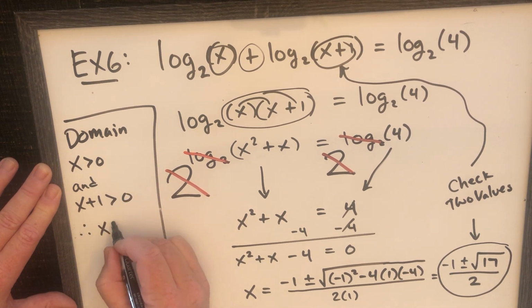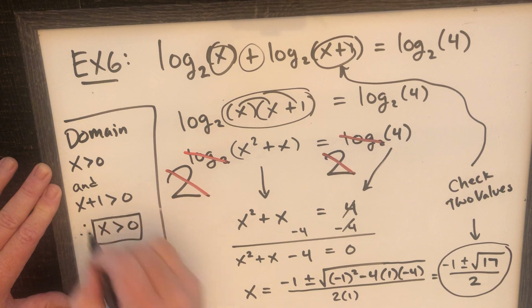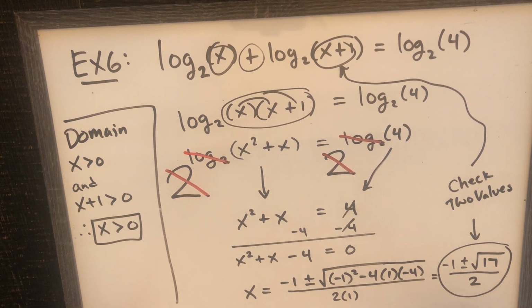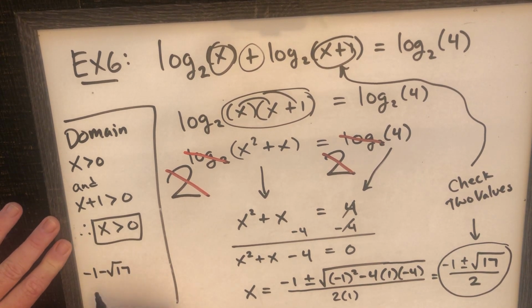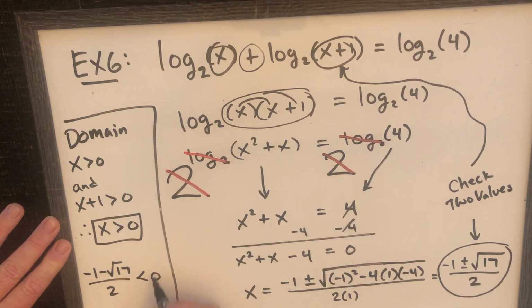Therefore, x must be greater than 0. So both of these values must be greater than 0. Okay? I can clearly see that one of them is not. Right? Negative 1 minus the square root of 17 over 2 is less than 0, so it's not in the domain.